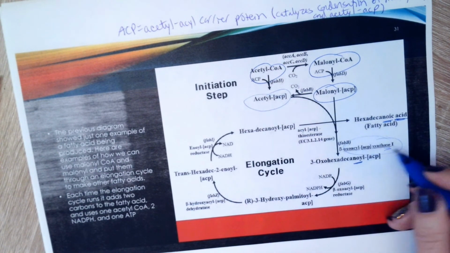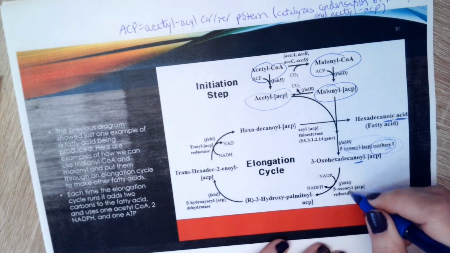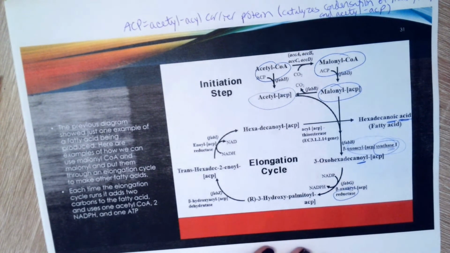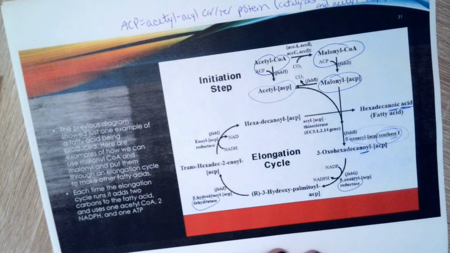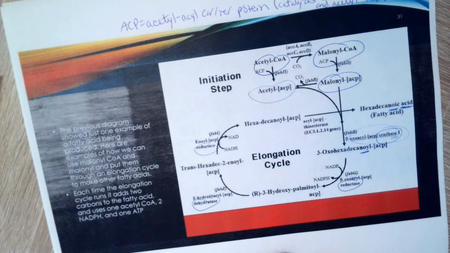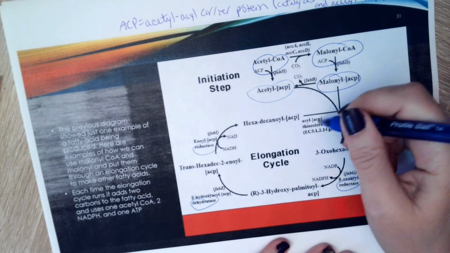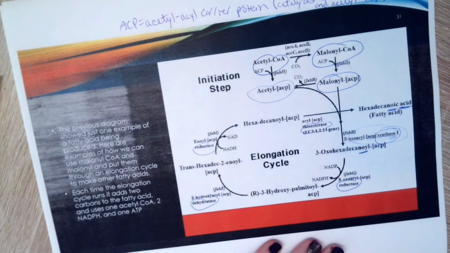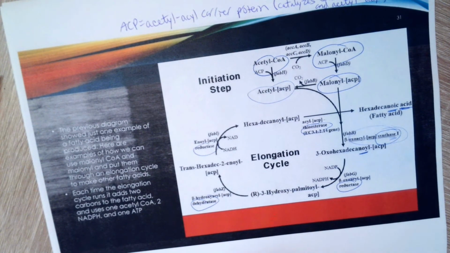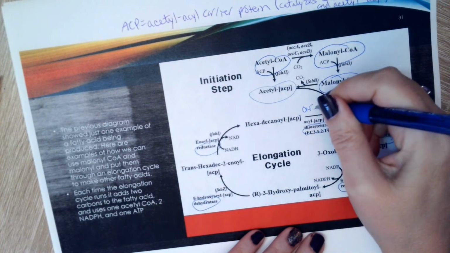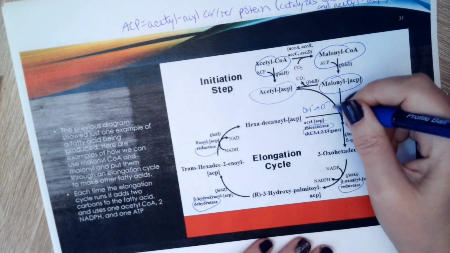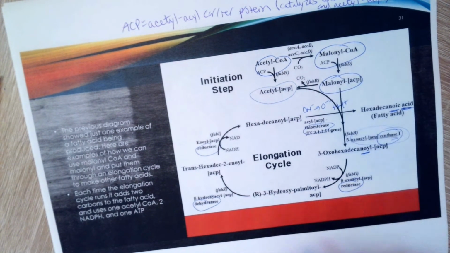Like here, synthase means it's making something. Reductase means we're reducing something. Dehydratase, we're taking away a water. There we are, reducing it again. Thioesterase, we don't need to worry about thioesterases, but it has to do with esterification. So, taking OH and turning it into just an O with a hydrogen going elsewhere.